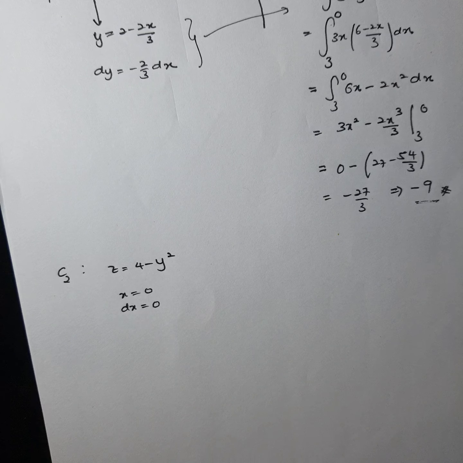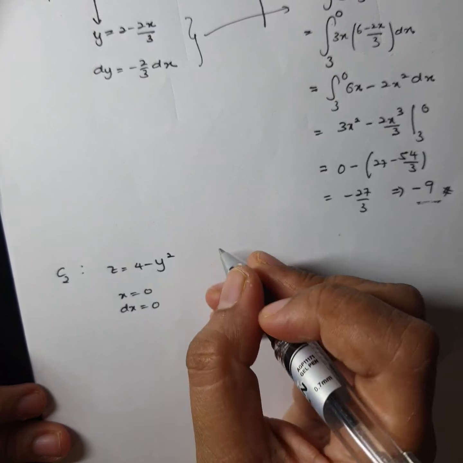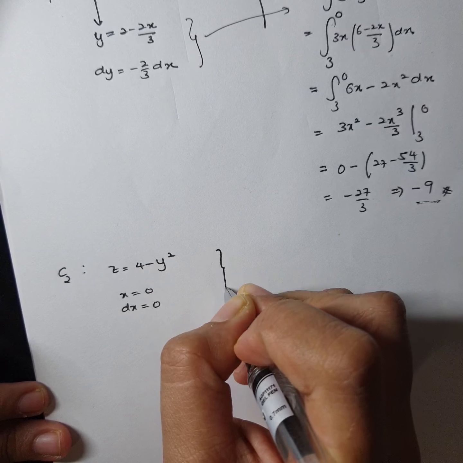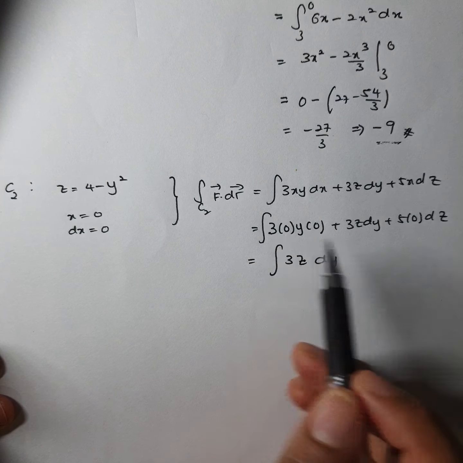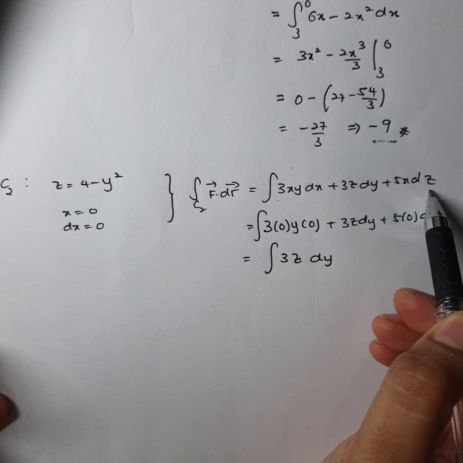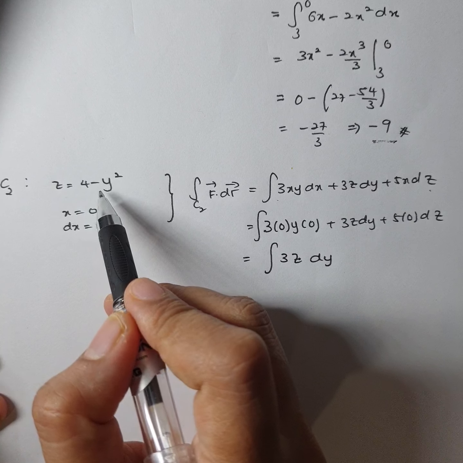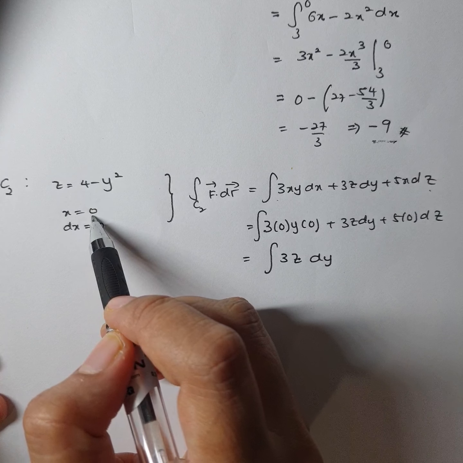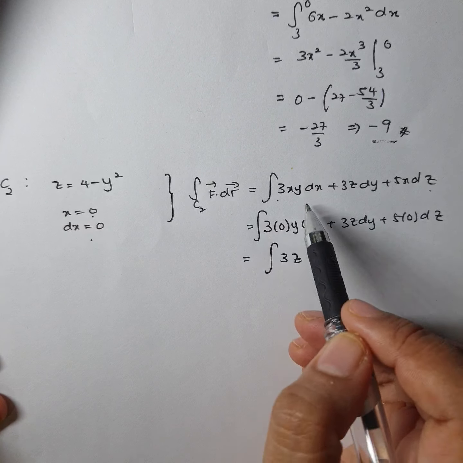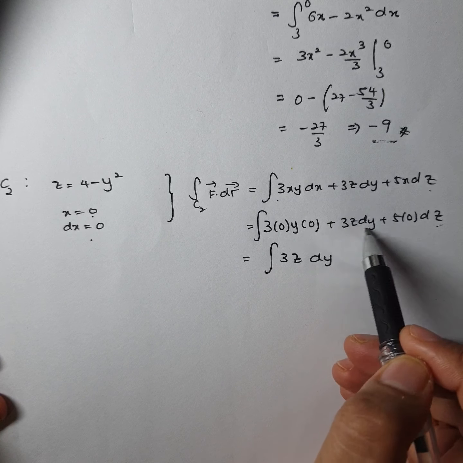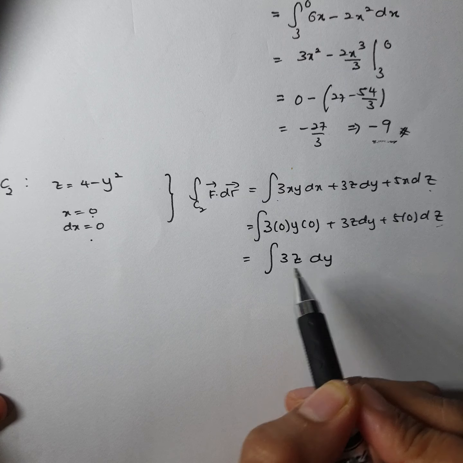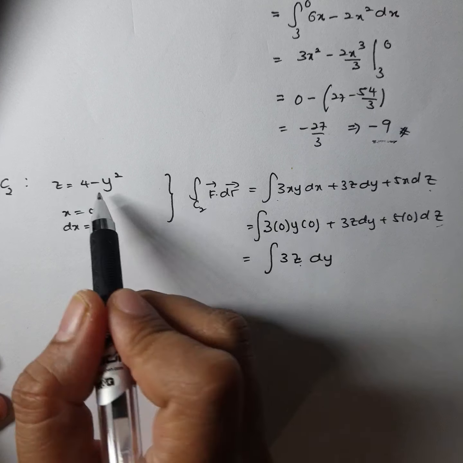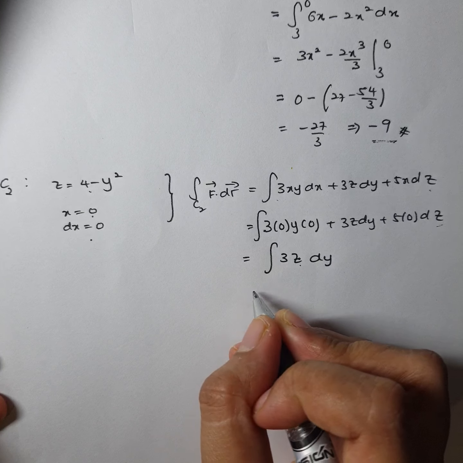Alright. So your line integral will become, alright, so this will be your line integral, the original one. Because it is on the yz plane, x is zero and dx is zero. So that is why it will be 0. What's left is 3z dy. So we want to change everything into the form of y. So you can see z has to be changed based on our equation, 4 minus y squared. So substitute.